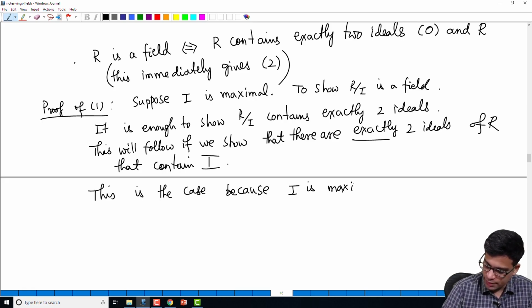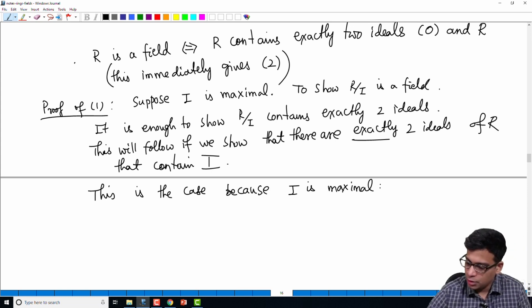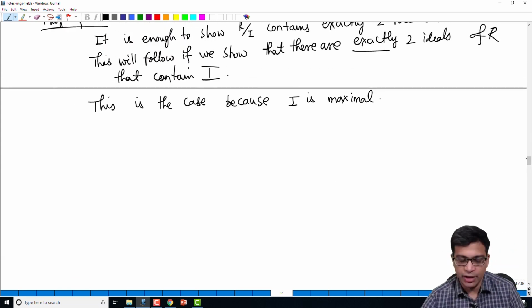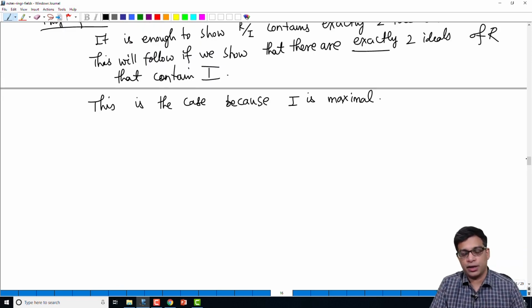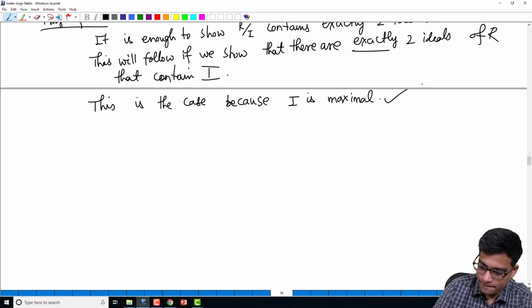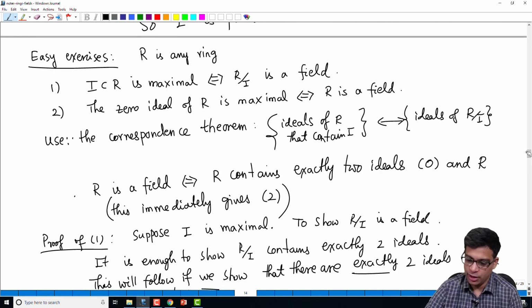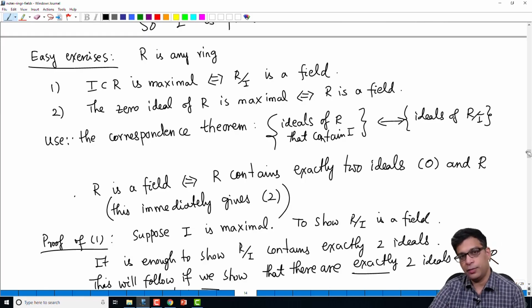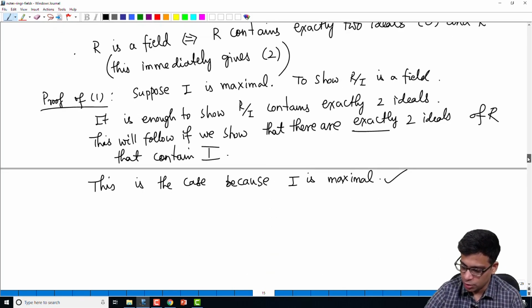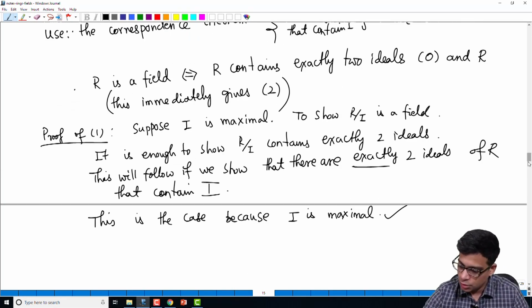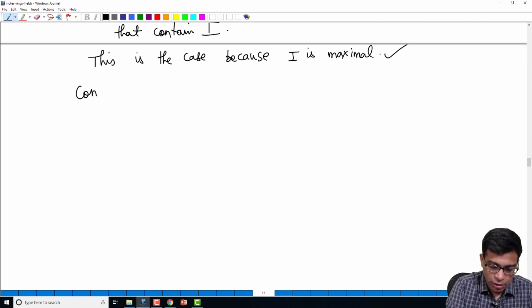This is true because I is maximal, right? Remember, this is another way of saying something is a maximal ideal. The only 2 ideals that contain a maximal ideal are that ideal itself and the unit ideal. So that is true. Hence there exist exactly 2 ideals that contain I in R. Hence their images, which are the 0 ideal and R mod I, are the only 2 ideals in R mod I. So R mod I is a field. So if I is maximal, R mod I is a field.